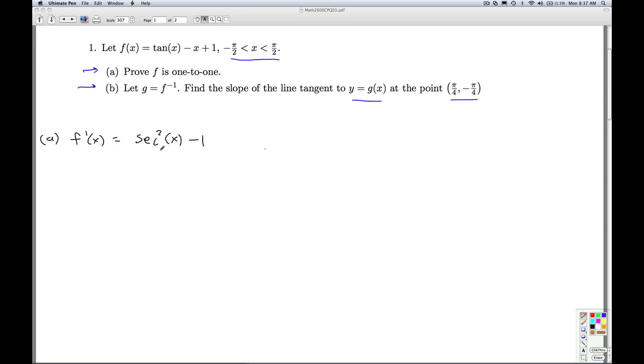How do I show this is always increasing? Well, I go back to Calc 1 and I make a sign diagram for the function f prime of x. First thing we look for, are there any places where f prime is undefined?